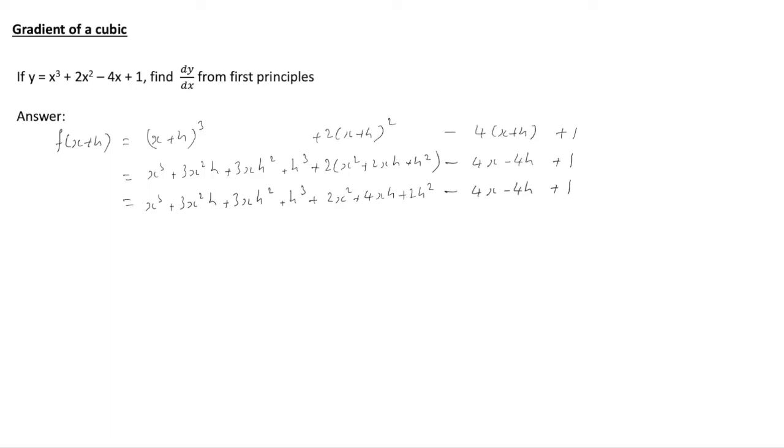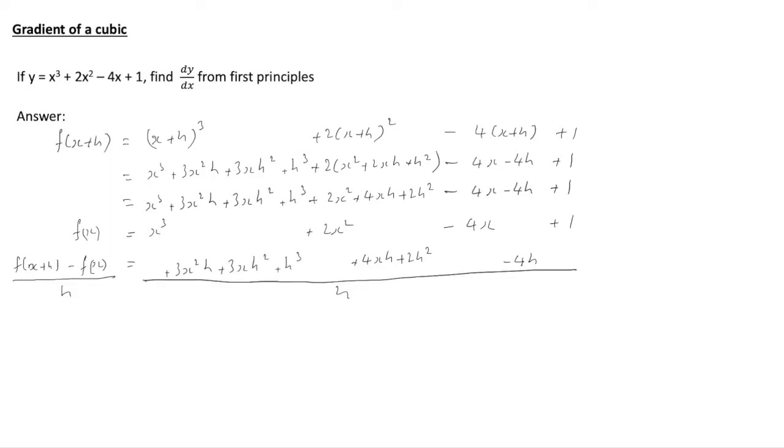We're going to need to subtract from that f of x. So we'll write f of x, and now you can see why I've spread it out, because it makes it very easy to see what's happening. So when we subtract to get our f of x plus h minus f of x, then the x cubed will disappear, leaving us the 3x squared h plus 3x h squared plus h cubed. The 2x squared will disappear, leaving us 4xh plus 2h squared.